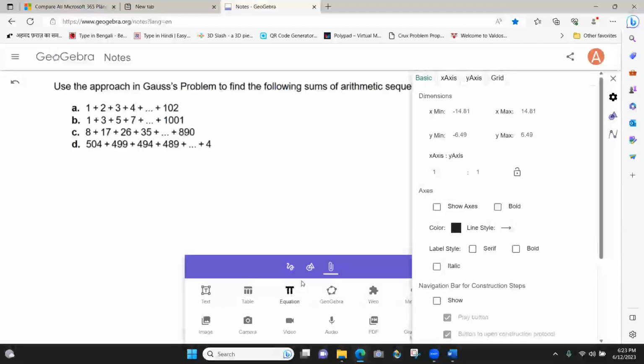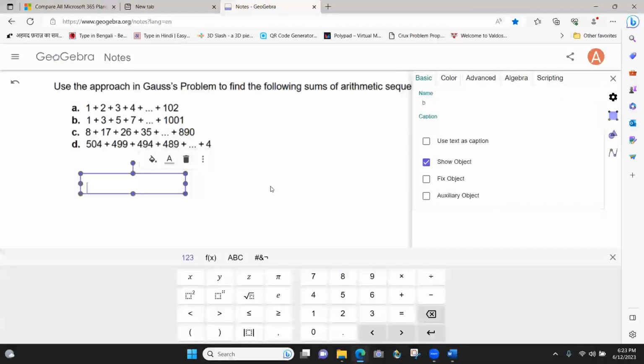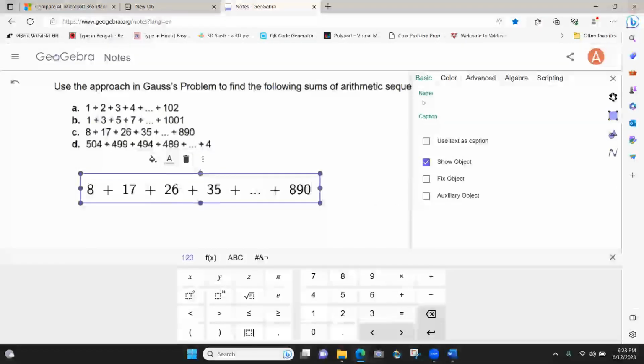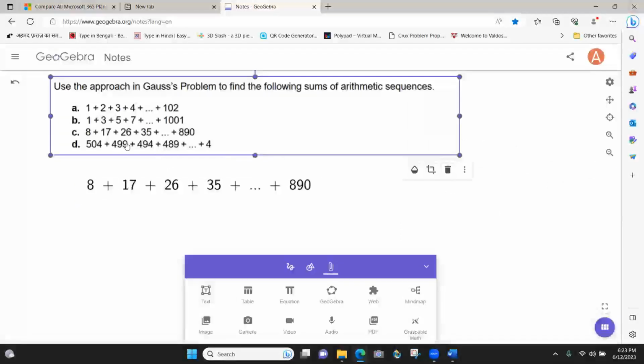All right. So I'm just going to take this 8 plus 17 plus 26 plus 35 plus dot dot dot. Okay. Since I need room, I'm going to get rid of this.